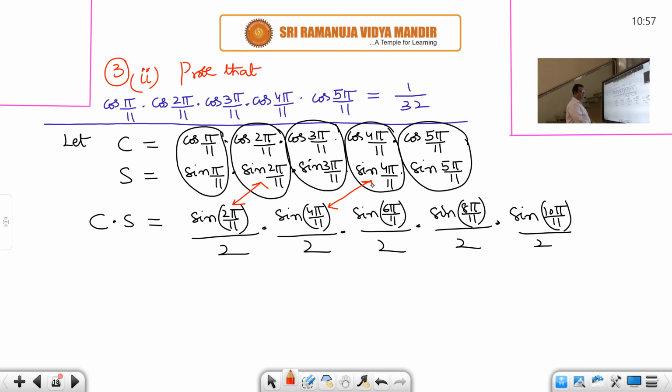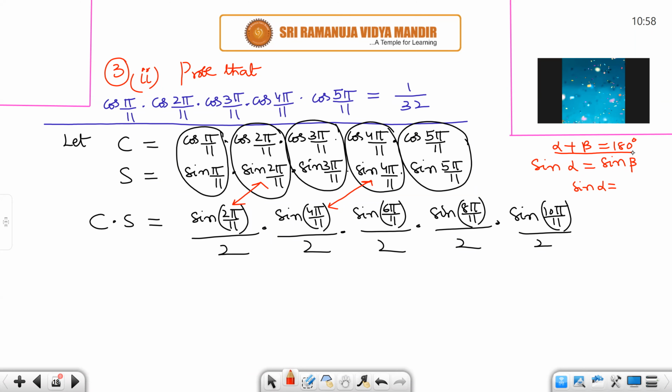Supplementary angles. See, if alpha plus beta is equal to 180 degrees, then sine alpha will be equal to sine beta. Because alpha can be written as 180 minus beta.